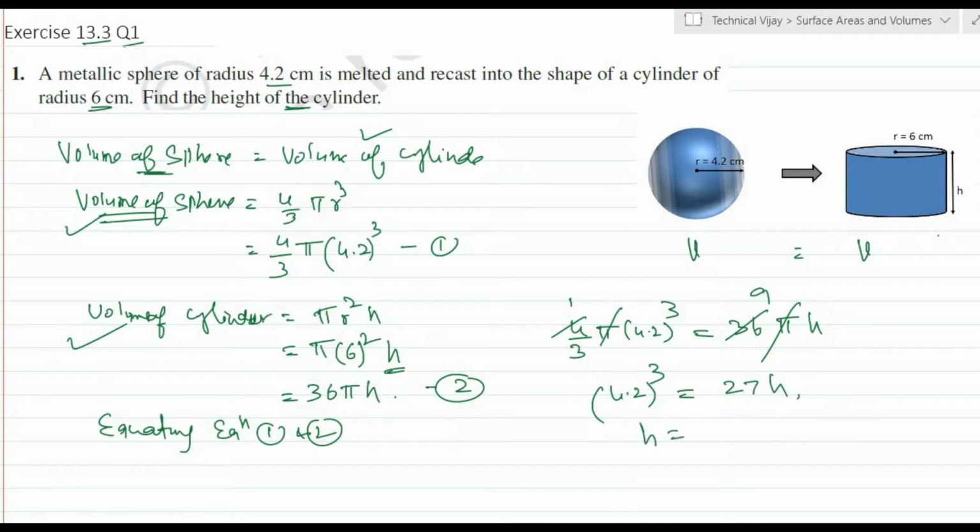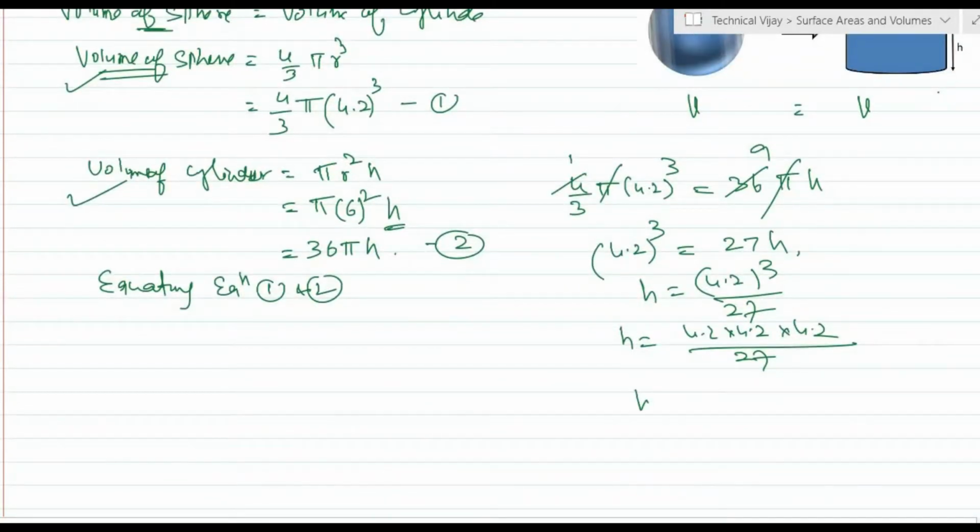So h is equal to 4.2 whole cube divided by 27, that is 4.2 into 4.2 into 4.2 divided by 27. 4.2 divided by 3 gives 1.4, so this is 1.4 into 1.4 into 1.4.